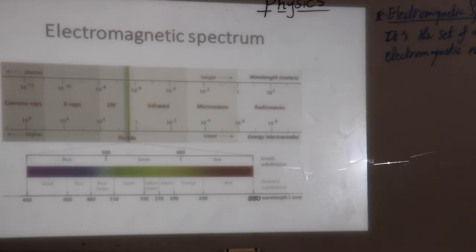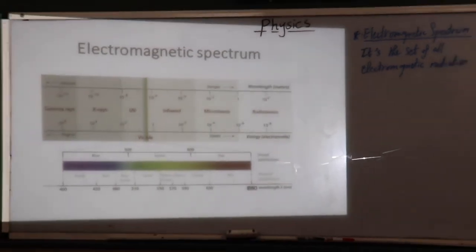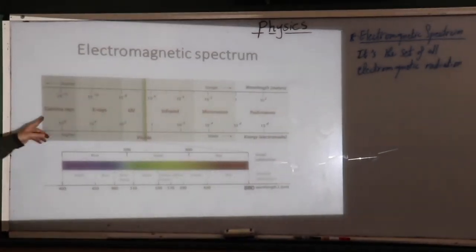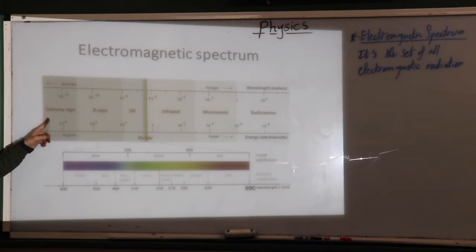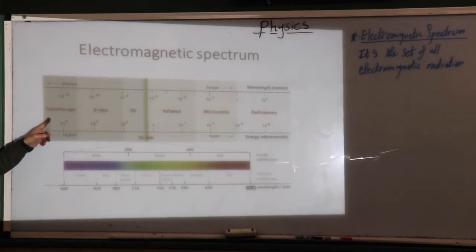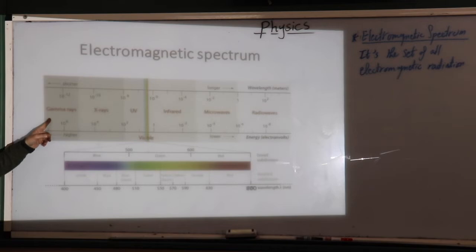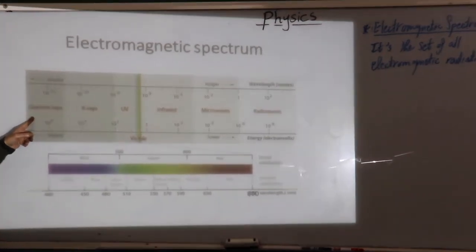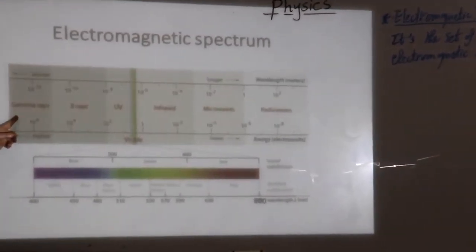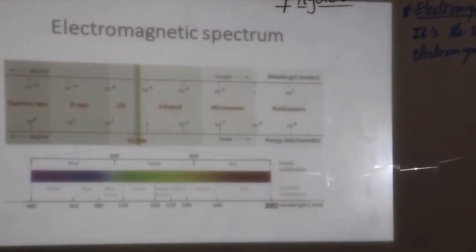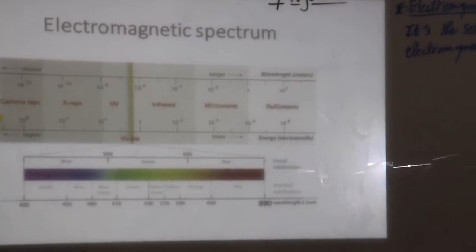Let's talk about their origin or their uses. The gamma rays, the sun gives gamma rays, okay? Also, radioactive materials like uranium and radium, found in nature, emit gamma rays, and gamma rays are very dangerous.